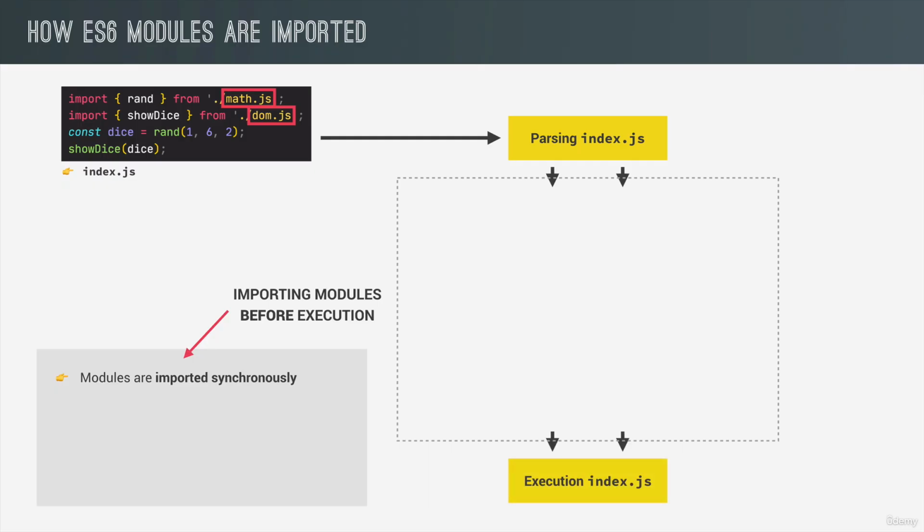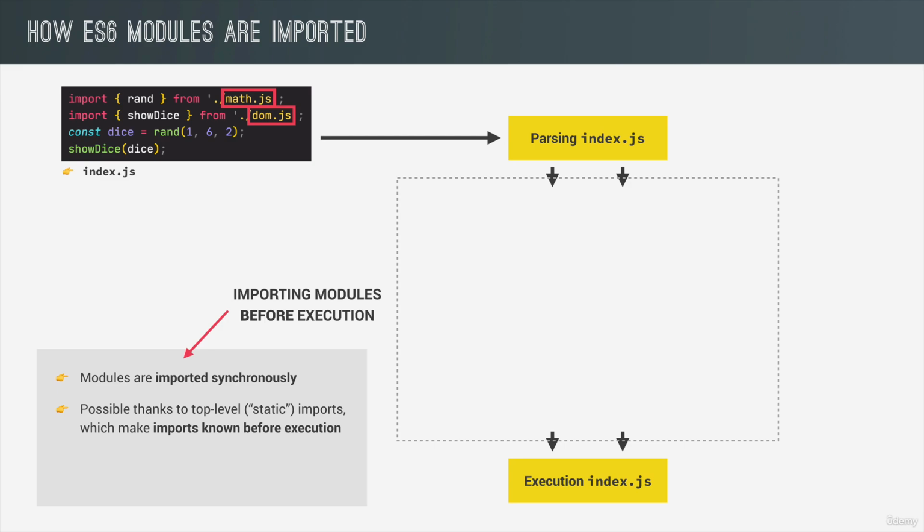Now, this is only possible because of top-level imports and exports. That's because if we only export and import values outside of any code that needs to be executed, then the engine can know all the imports and exports during the parsing phase. So while the code is still being read before being executed.